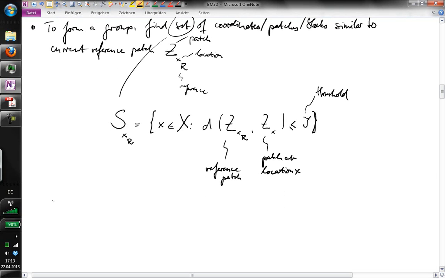Now we need this dissimilarity. And the dissimilarity is found based on these denoised patches.